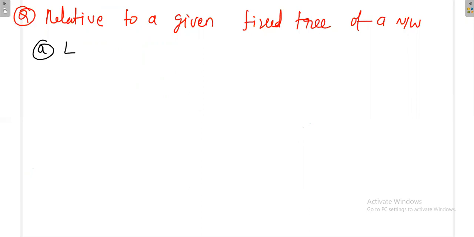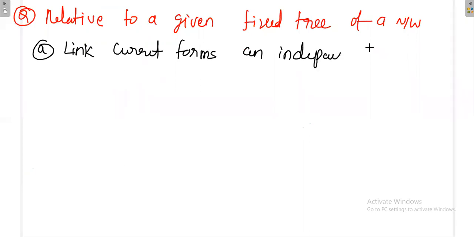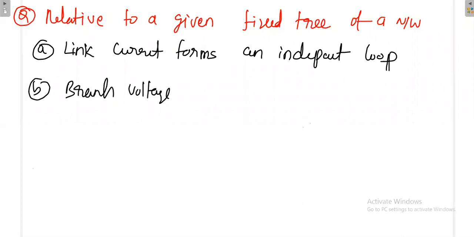Then they give different statements. Link current forms an independent loop, and branch voltage forms an independent set.